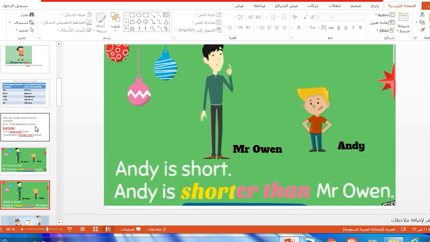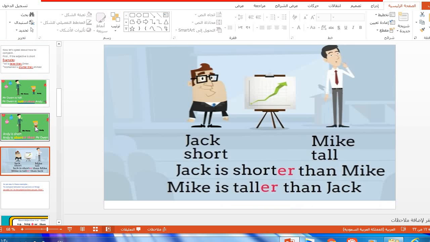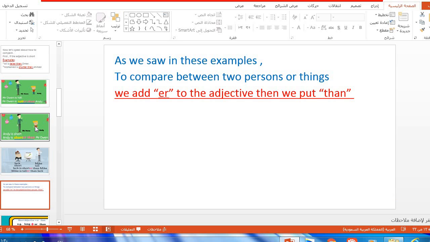Andy is short, so we can say Andy is shorter than Mr. Owen. Another example, Jack and Mike. Jack is short, Mike is tall, so we can say Jack is shorter than Mike. Mike is taller than Jack.